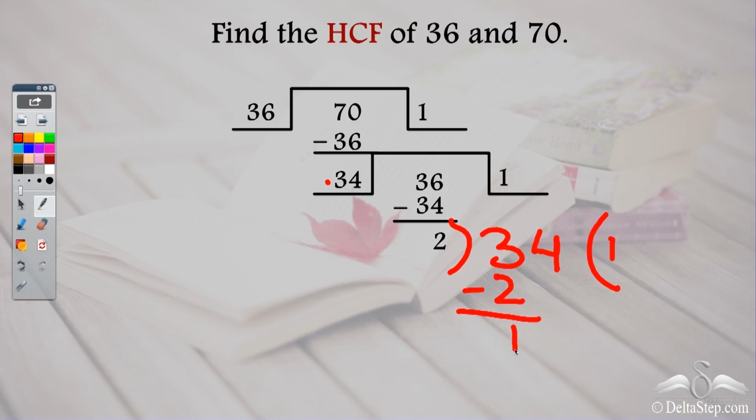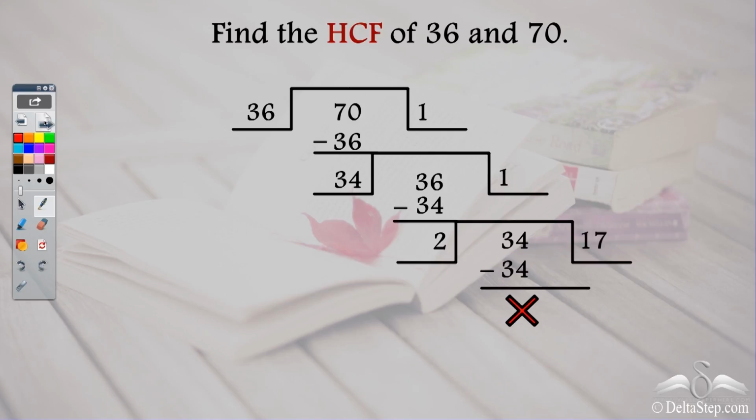I have 1 as the remainder. But remember, this 4 is also left. So this is 14. 2 into 7 is 14. And I get 0 as the remainder. So this is what I have. 2 into 17 is 34 and the remainder is 0.